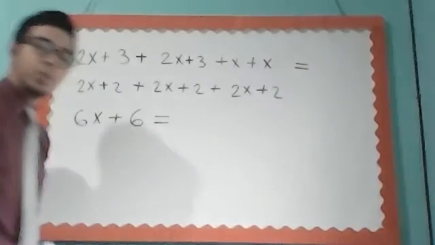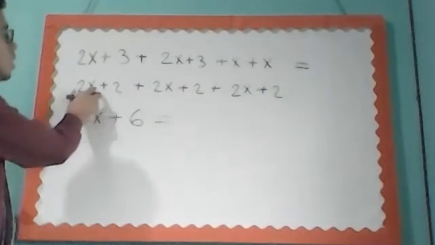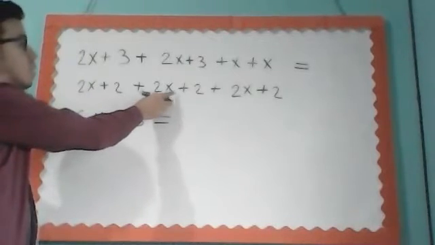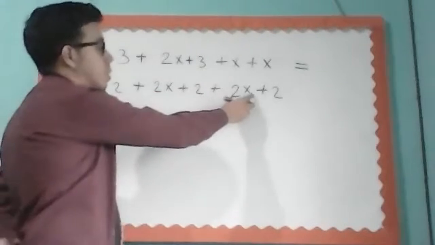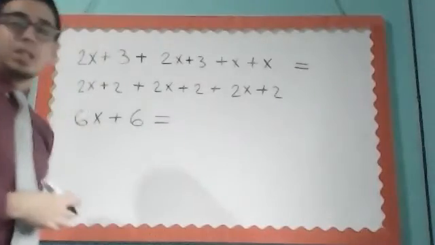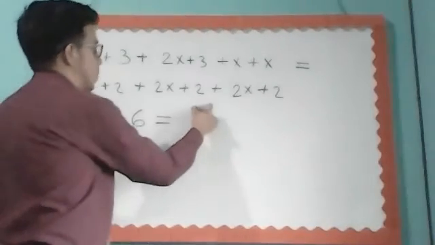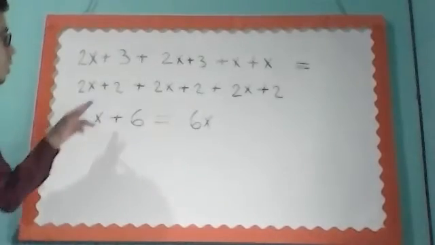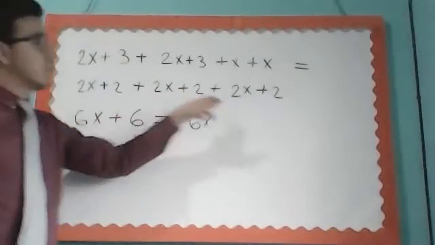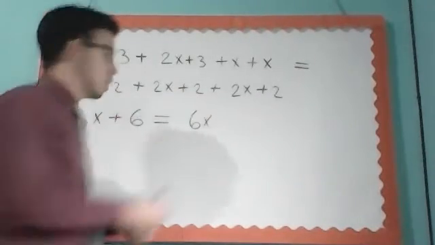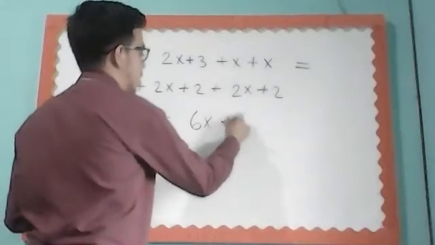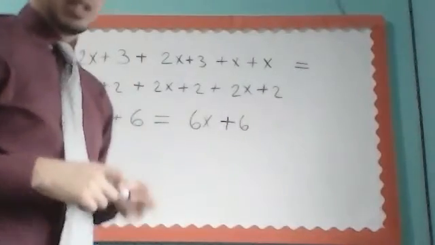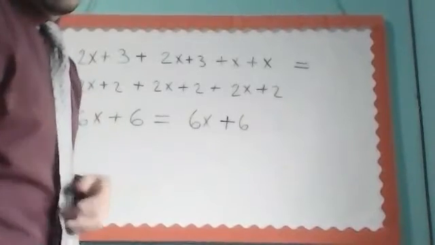And now I'm going to solve the part of the triangle. 2 times x plus 2 times x is 4x plus 2 times x is going to be 6x again. 6x. Now I'm going to add the numbers. 2 plus 2 is 4 plus 2 is 6. 6x plus 6. You can see that we have the same value in here.